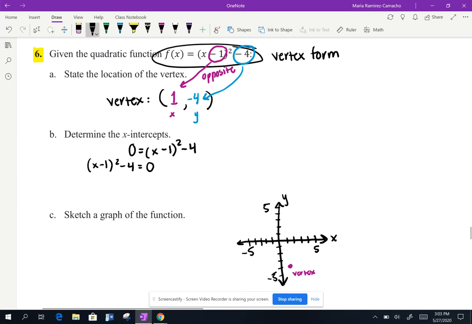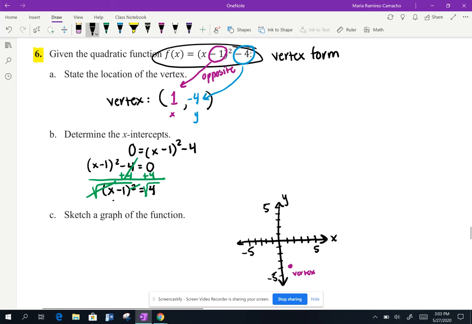Okay, same deal. But now what we're going to do is solve for x. So we're going to add 4 to both sides. And then we have (x minus 1) squared is equal to 4. And then now to undo that exponent, that 2, to undo the squared, we're going to take the square root of both sides, because this cancels with that.